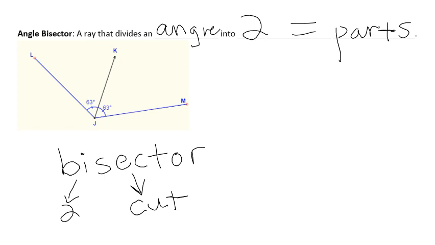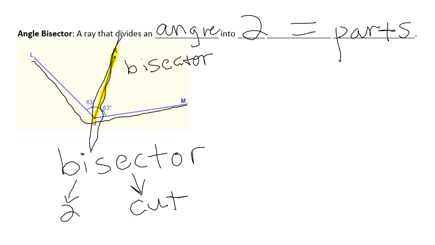If you look at this picture, I know nobody wants to give away their money. I get that. If you look at this picture, JK is the bisector. And I'm going to label that. How do we know that that's the angle bisector? Well, here we have a big angle. And this ray is cutting through the big angle. And it's causing these two angles to be formed. You guys see the 63 and the 63?